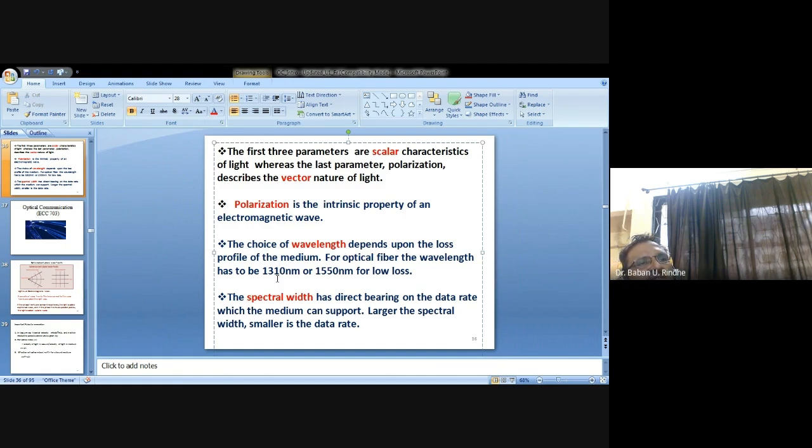For optical fiber, the wavelength has to be 1310 nanometer or 1550 nanometer for low loss. This is for the second window and third window.